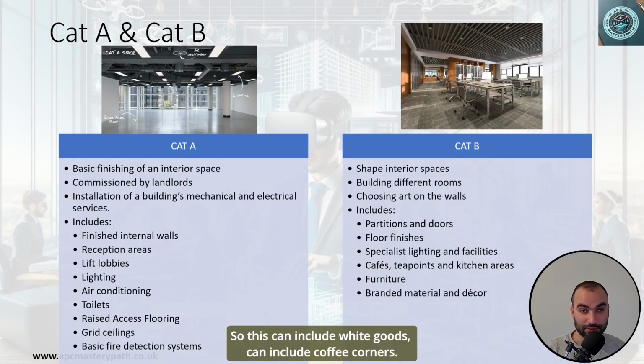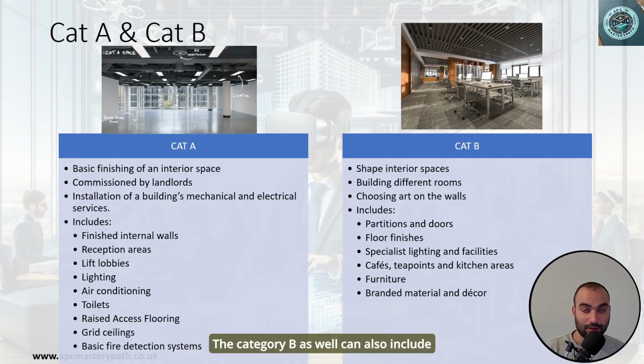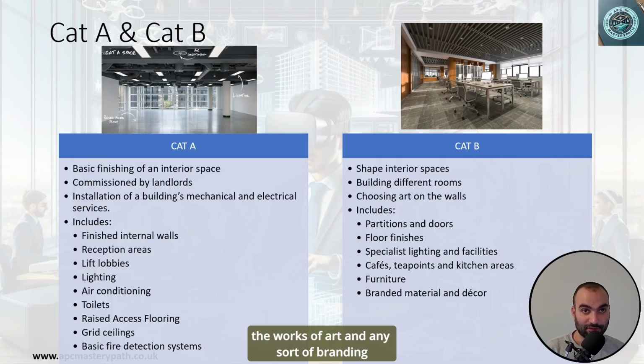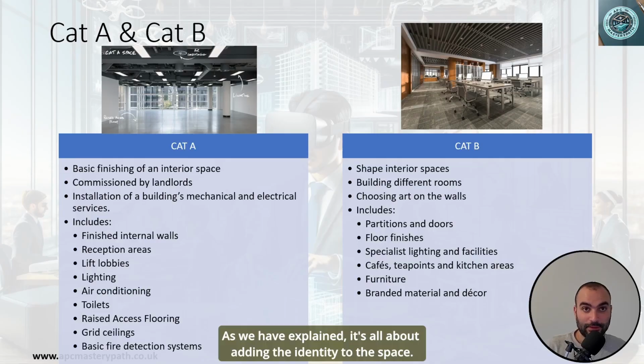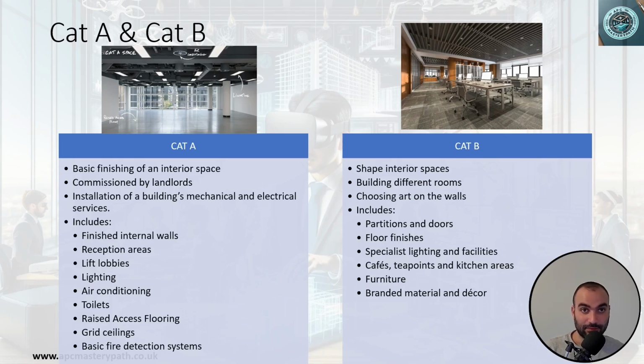So this can include white goods, it can include coffee corners, it can include also the kitchen units and the likes. The category B as well can also include the works of art and any sort of branding that is required in order to make the space flourish. As we have explained, it's all about adding the identity to the space. Every business will have its own identity.